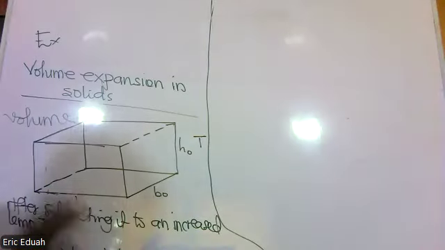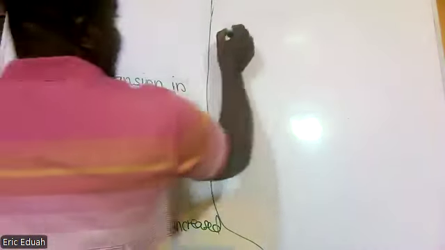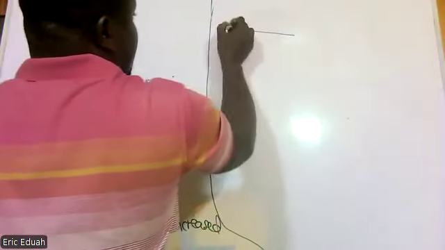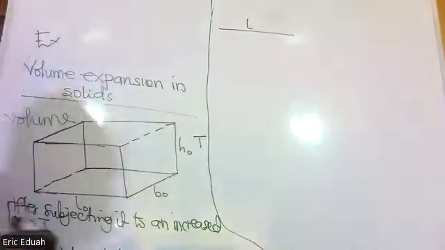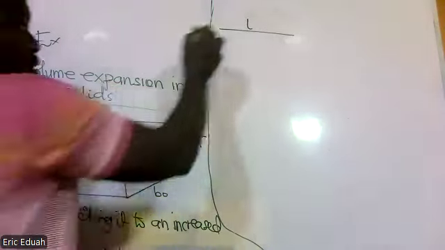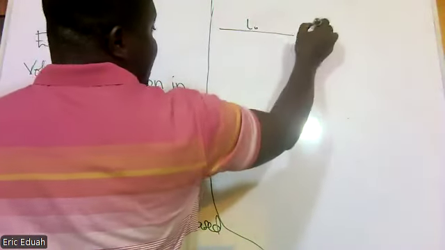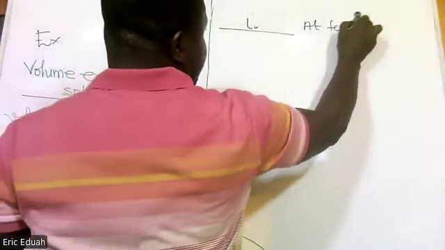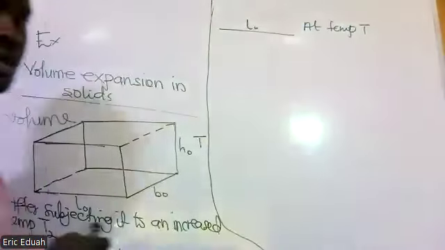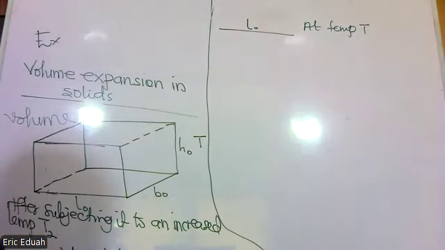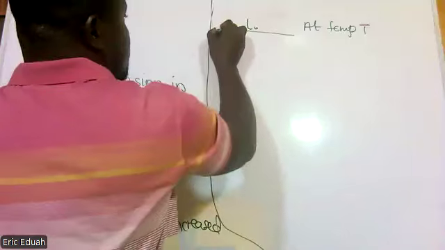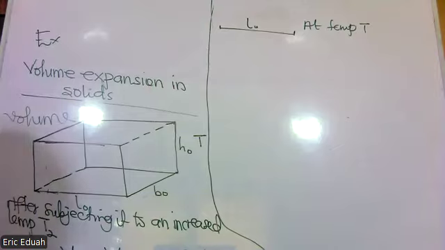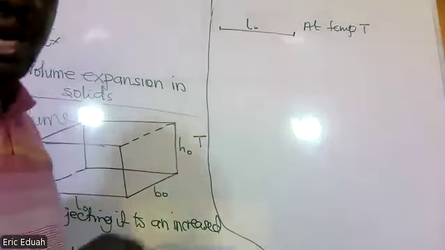We came to the realization that if you have an initial length L naught at an initial temperature T, and this is subjected to a change in temperature, let's assume the initial temperature is 0.